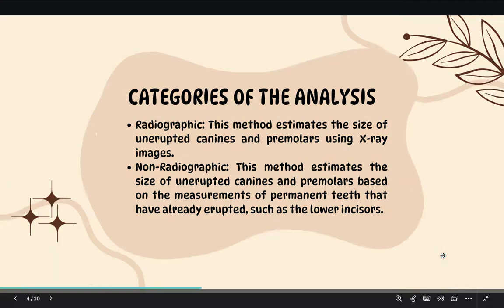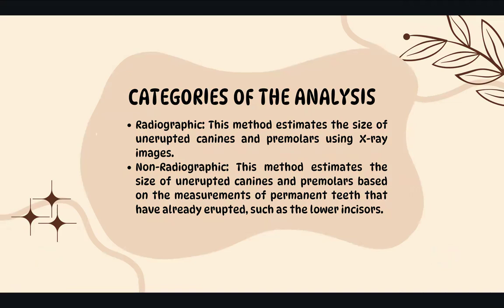And for the categories of the analysis, there are two categories. The first one is the radiographic method. This involves X-ray images to directly measure the unerupted canines and premolars.